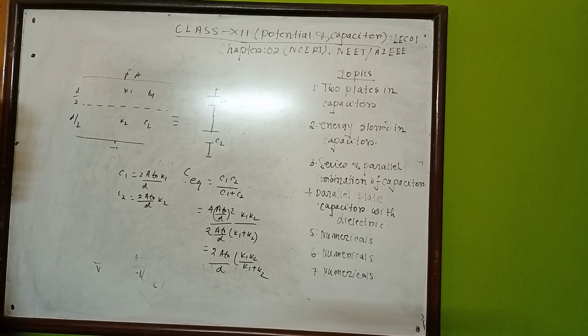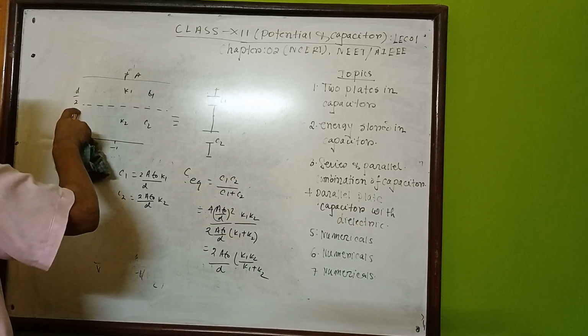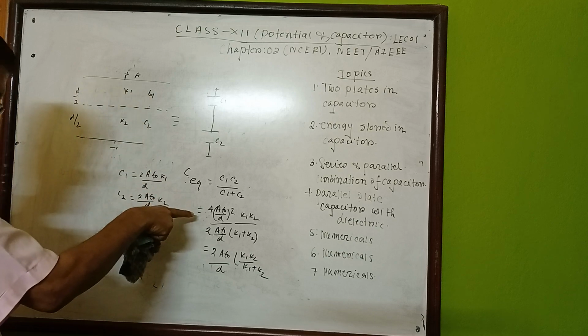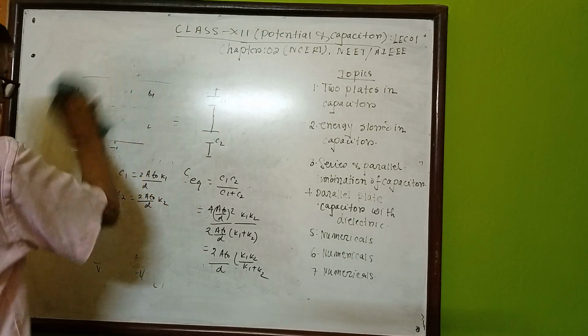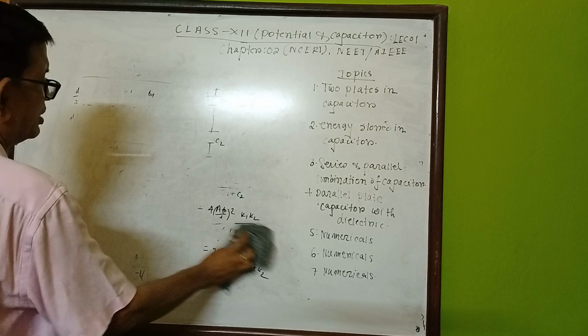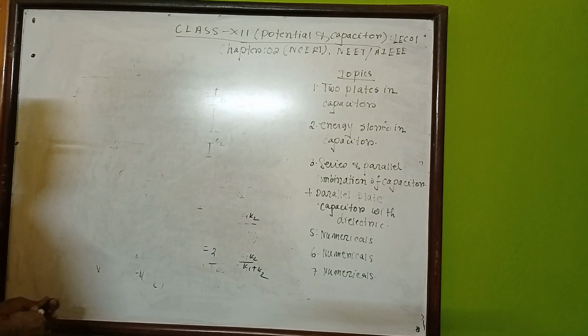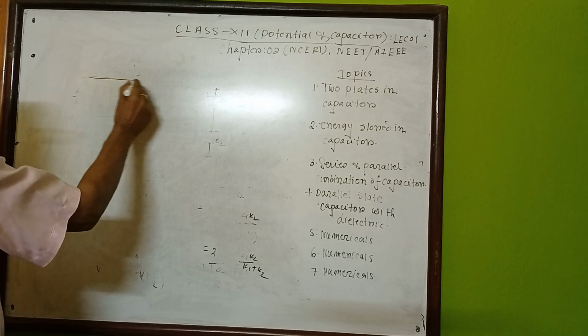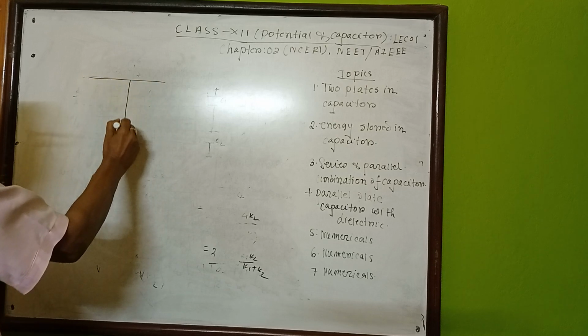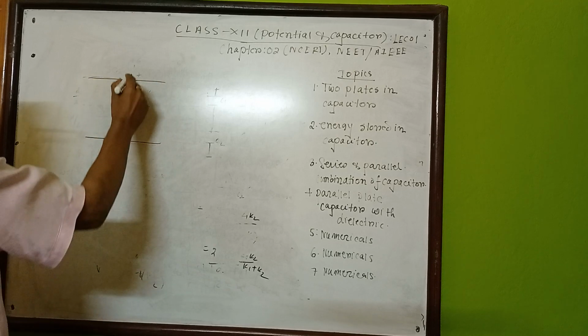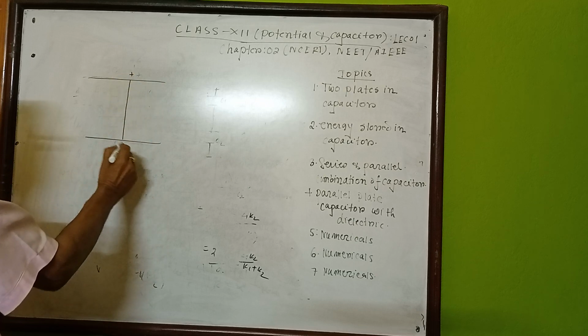Now children, another problem I am doing, where the thickness is different, area is the same, then series. Now this problem can be solved in a different way. I am doing it first. Now suppose you write it this way, that is plus, that is minus.